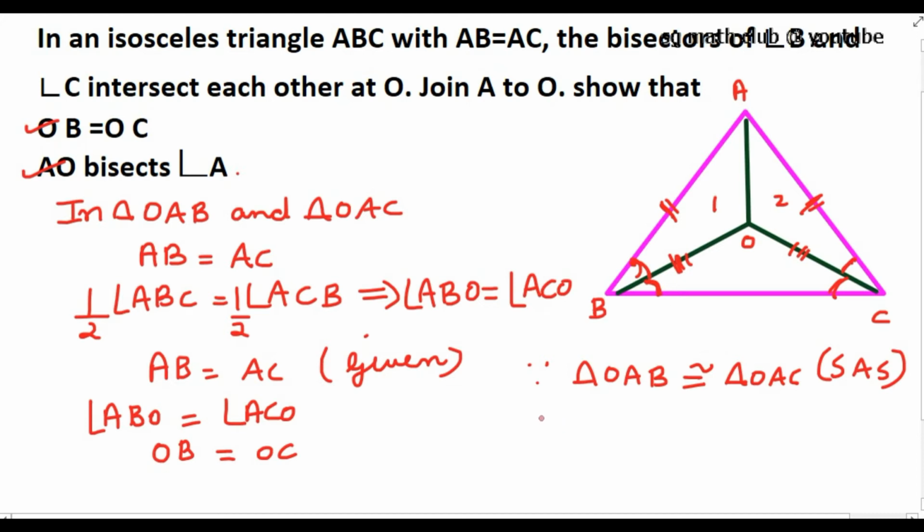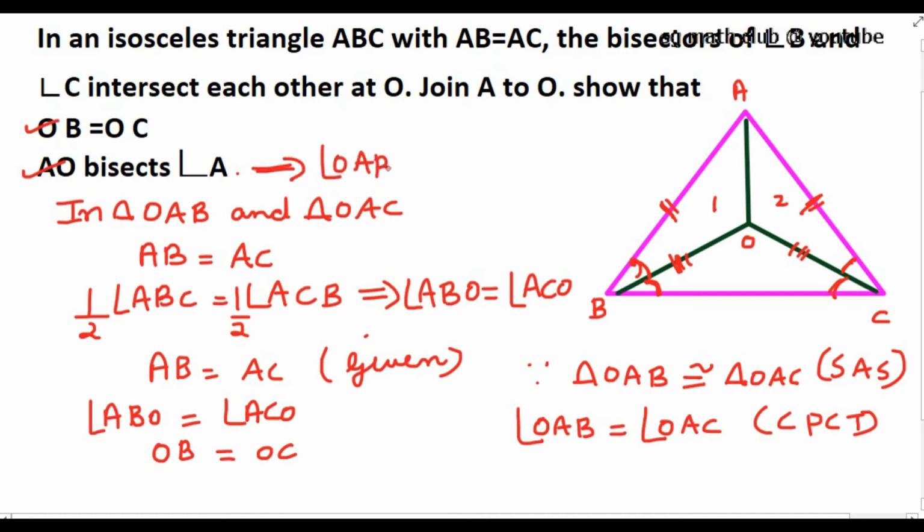And finally we can say that angle OAB is equal to angle OAC because of corresponding parts of congruent triangles. AO bisects angle A means we need to prove OAB is equal to OAC. So finally we have proved this.